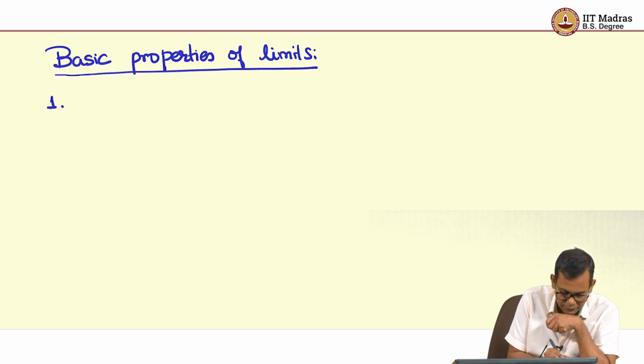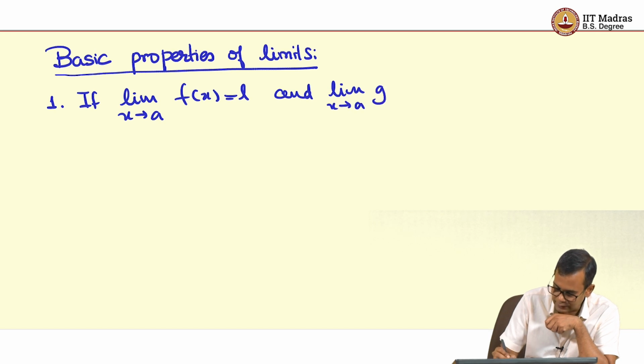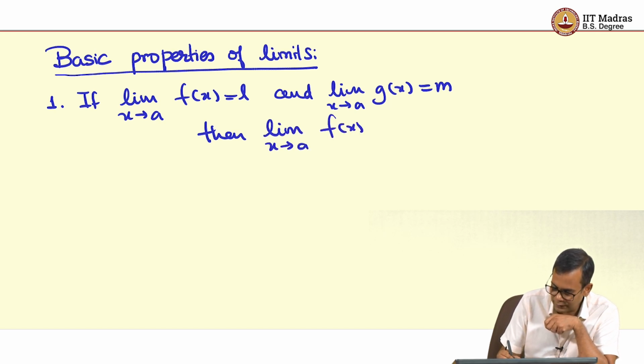The first is that if the limit as x approaches a of f of x equals L, and the limit as x approaches a of g of x is equal to m, then the limit as x approaches a of f of x plus g of x, the sum function, is equal to L plus m.